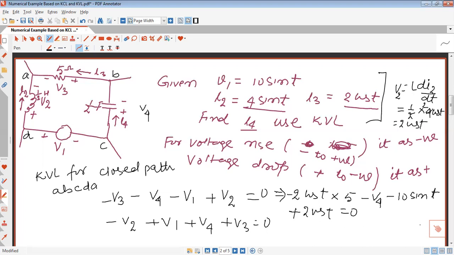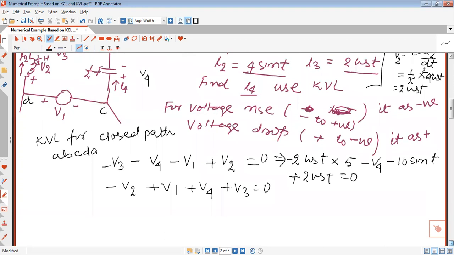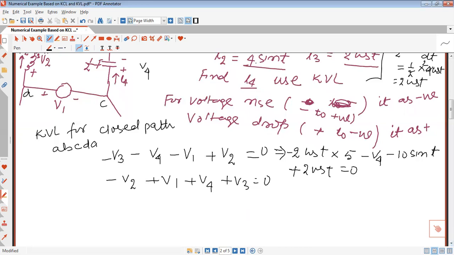From this equation, we will get the value of V4. Here 2 cos t positive and here minus 10 cos t, so it will be minus 8 cos t. If it goes to the right side, it will be plus 8 cos t, and this minus 10 sine t will come here as plus 10 sine t. So V4 is now known.